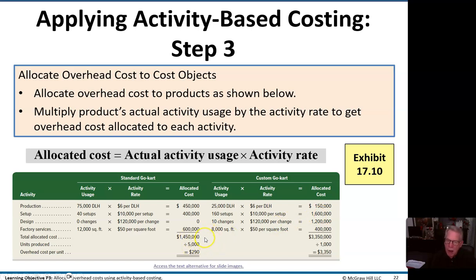Now we're going to divide these numbers by the total units produced. We had 5,000 standard go-karts here, and we had 1,000 custom go-karts here. So in doing this, we have a much more accurate sense as to the overhead cost per unit. All right, I think you see that.